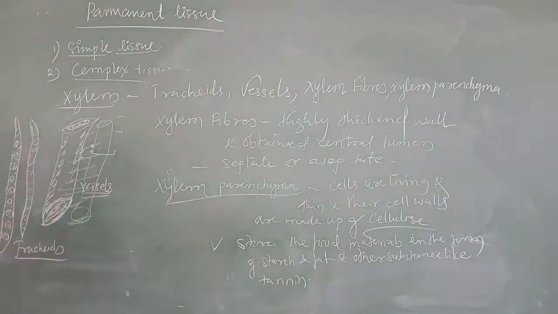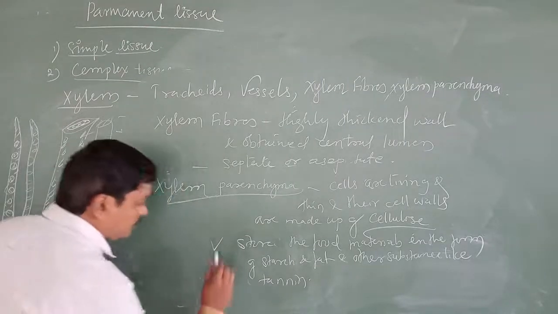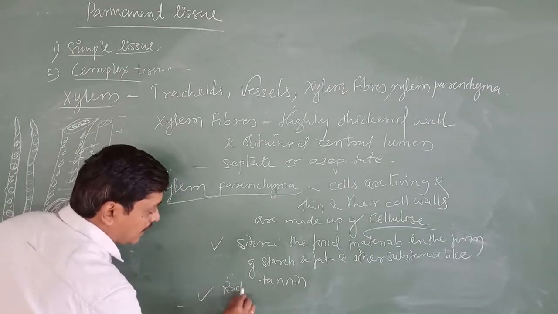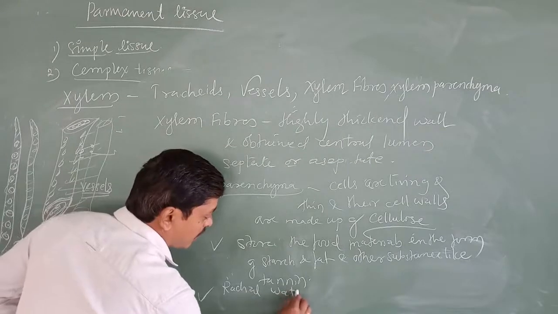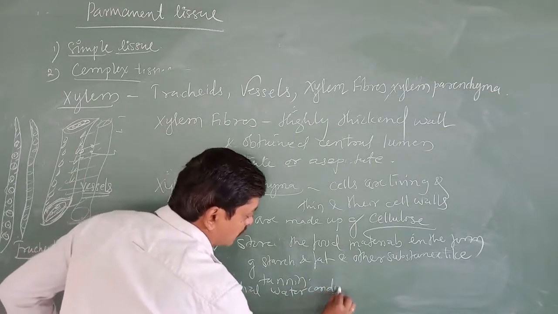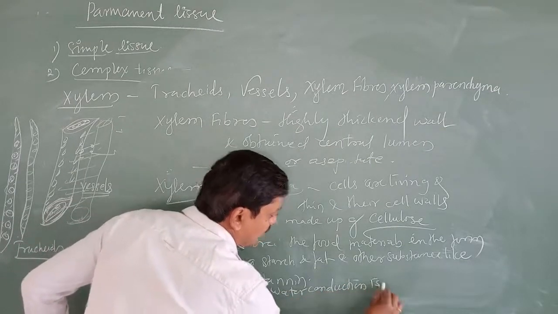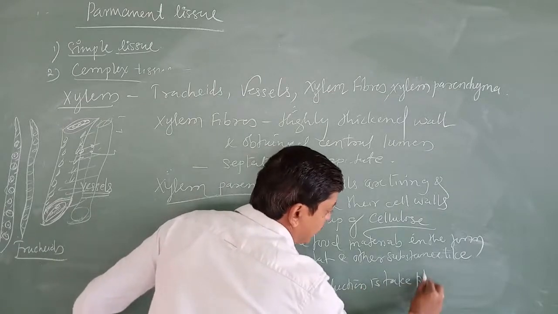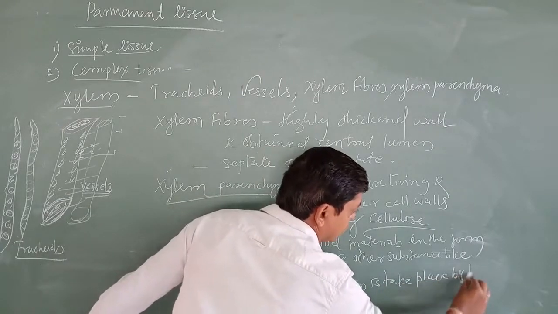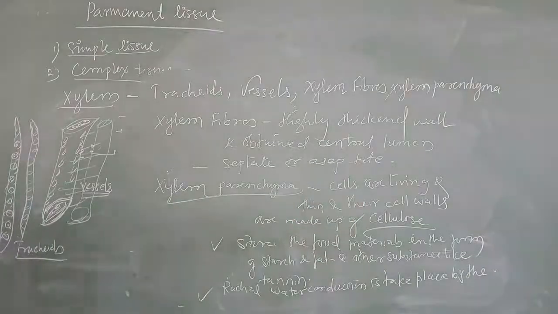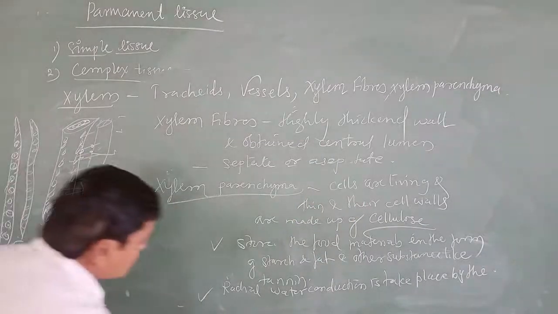Other substances like tannin are also stored, and they help radial conduction of water take place by the ray of parenchymatous cells.